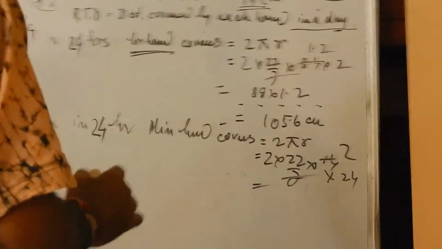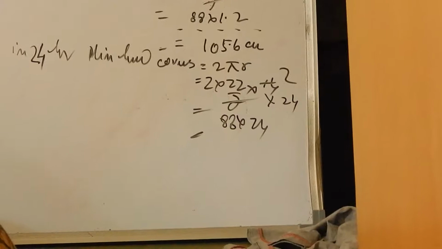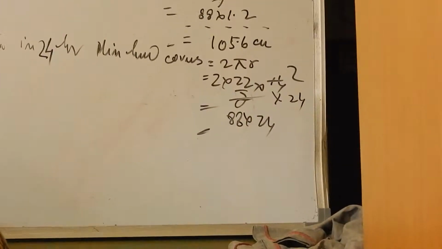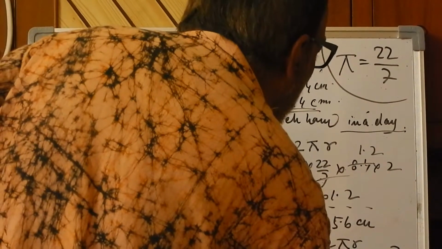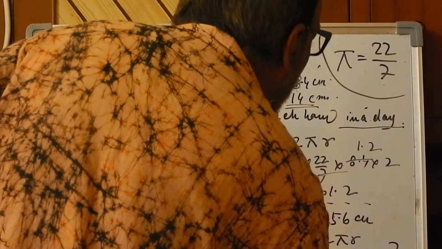So we get 88 into 24, equal to 2112 centimeter.